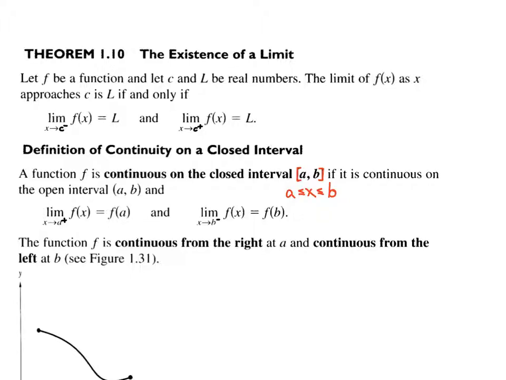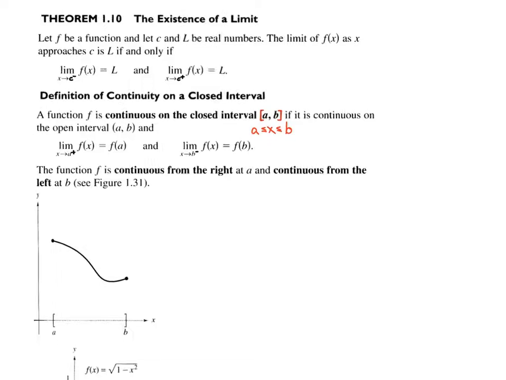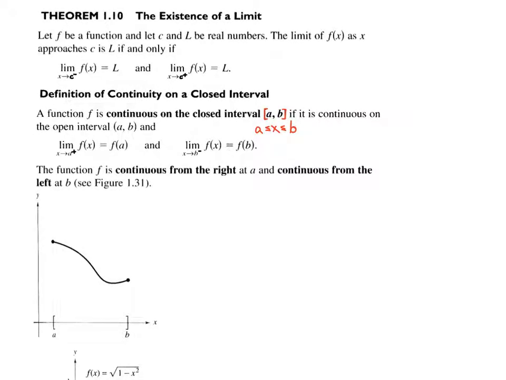Now, there's this concept of continuous from the right and continuous from the left. When we're talking about endpoints, kind of like that semicircle we saw earlier, okay, we can say that it is continuous from one side or the other. Okay, so just to illustrate here, we have this function, and a is on the left. It is continuous coming from the right to this left endpoint.